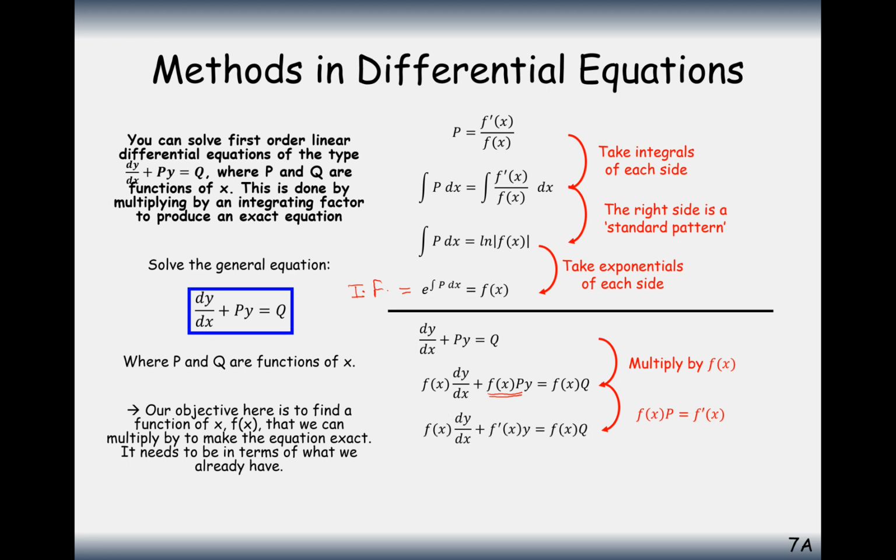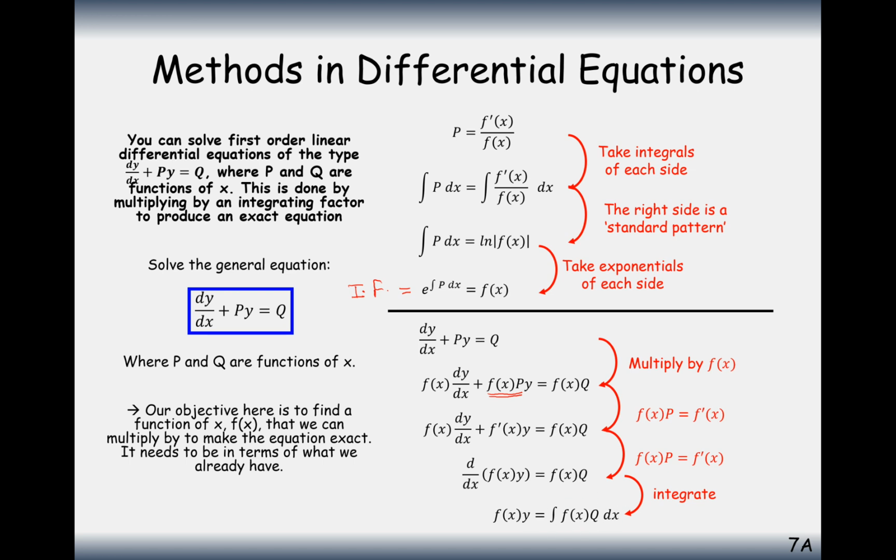Then you use reverse implicit differentiation, and that would be the derivative of f of xy equals f of xq, and then integrate both sides with respect to x. Integrating will cancel out the derivative, and on the left hand side we'll get f of xy equals the integral of f of x times q dx, and your final thing to do to work out a solution to the first order differential equation will be to integrate the right hand side.